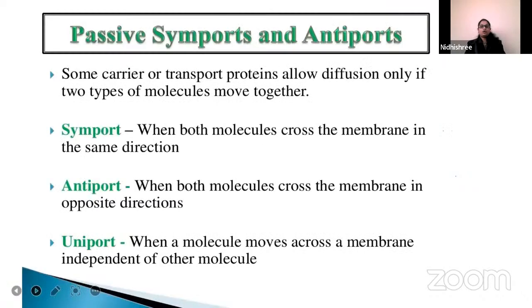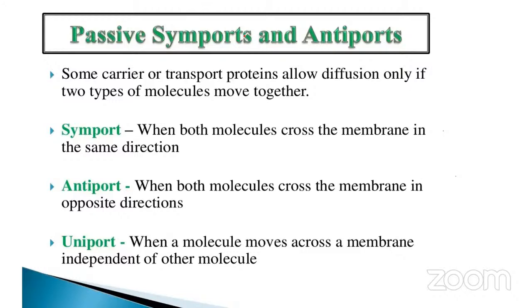Good. Okay, passive symports and antiports. Dyuti, can you read the slide, please? Are you here, Dyuti? Yes, ma'am. Passive symports and antiports. Some carrier or transport proteins allow diffusion only if two types of molecules move together.